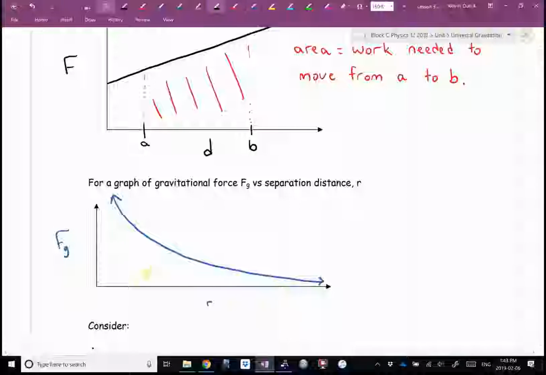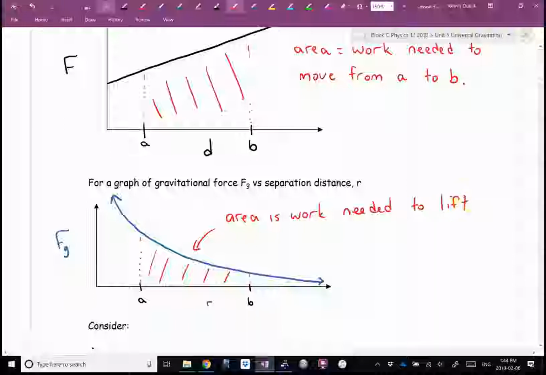And again, I'm going to put a random point A and another location B. And then I'm going to go down, down, down, and color. This area is the work needed to lift, because we're going against the force of gravity.